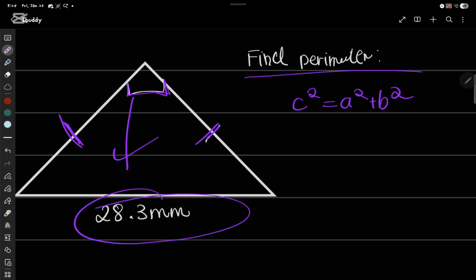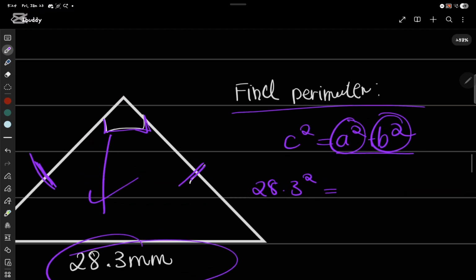You have c squared here, so 28.3 squared equals a squared plus b squared. However, a and b here, they are the same side. Because these two are the same, you don't have to write it as a squared plus b squared, you can just write it as 2a squared, right? Because these are both a's.